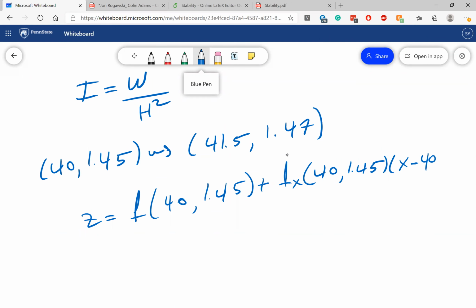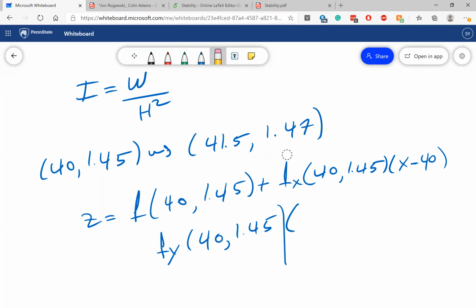That would be the x coordinate. And then plus f with respect to y at (40, 1.45) times y minus 1.45.